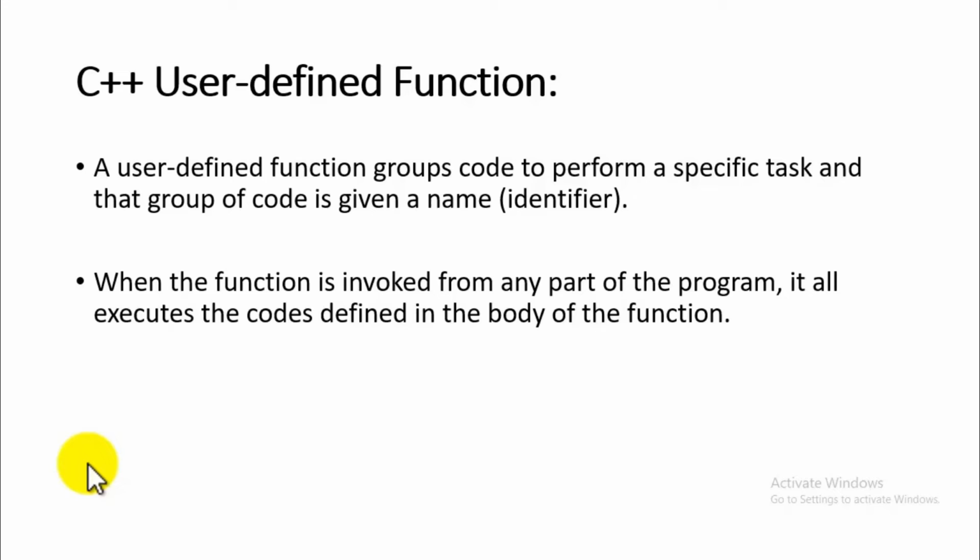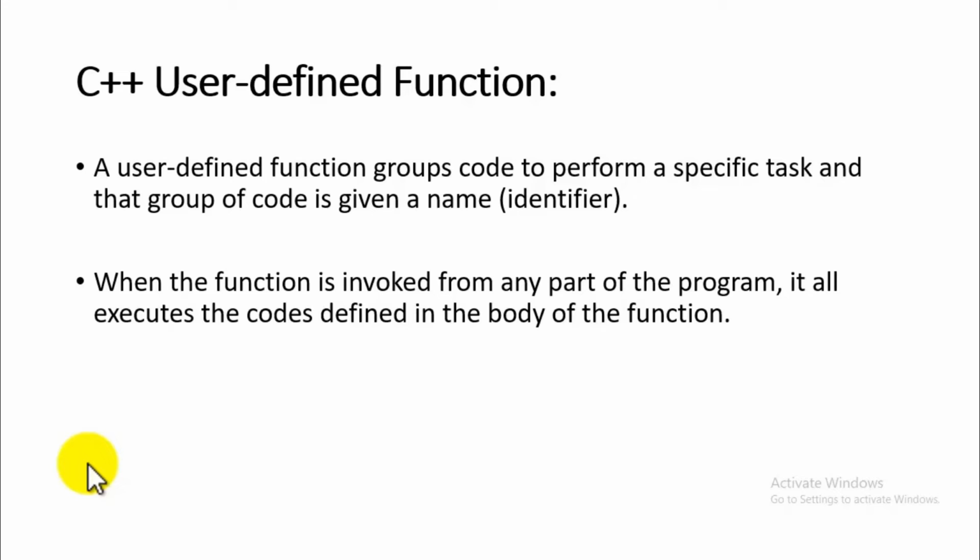A very common function that you are using is the main function. Remember, you have int main and void main. Void main is defined as a void function which has no return value or no parameter. In an int main function, you can notice that you have a return 0, so you have to return a value of that function.